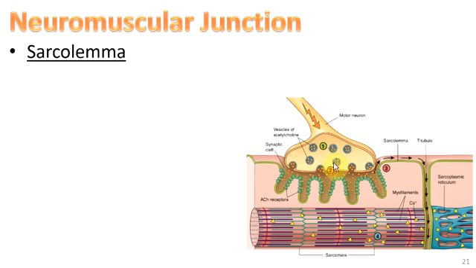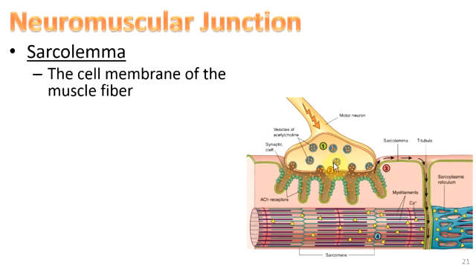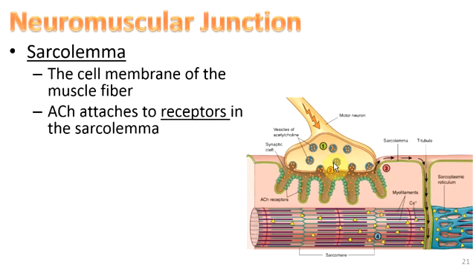So let's get a little more specific about the sarcolemma, which remember is the cell membrane, or plasma membrane rather. The acetylcholine attaches to receptors in the sarcolemma. You can see that it jumps across this gap here and then attaches to receptors on this side.